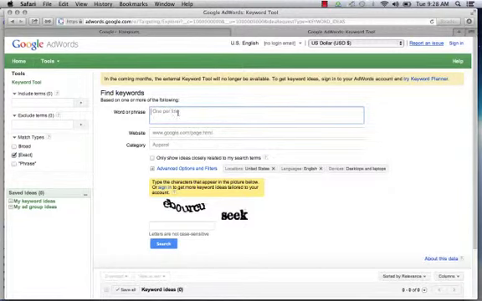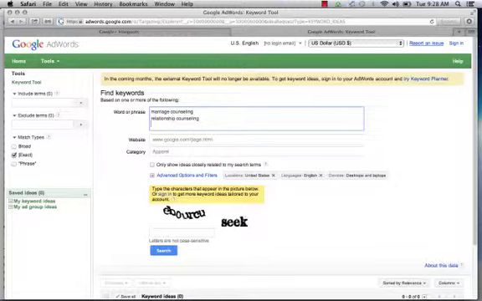So let's say, for example, the person I was helping was a counselor, and so they were trying to figure out what keywords would people in her local market be looking for. Okay, so what you can do is toss out a few things like marriage counseling and relationship counseling and addiction.